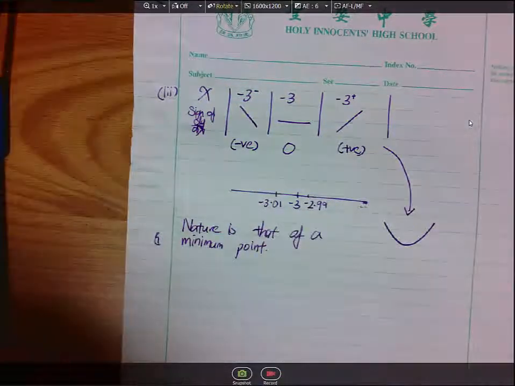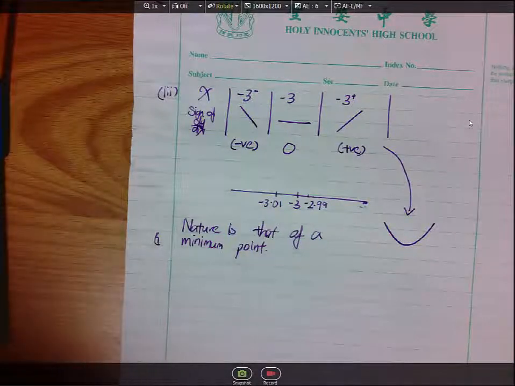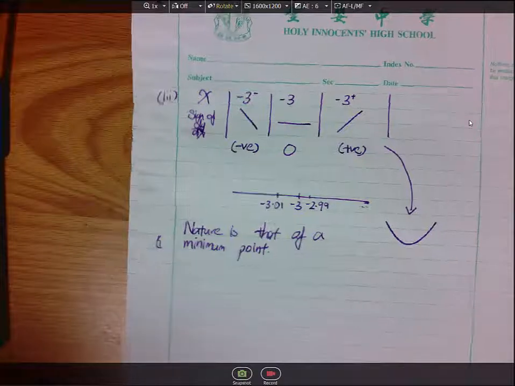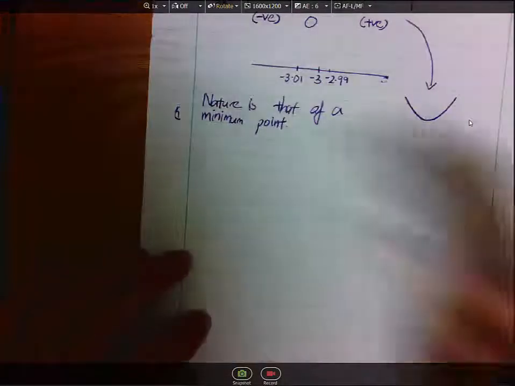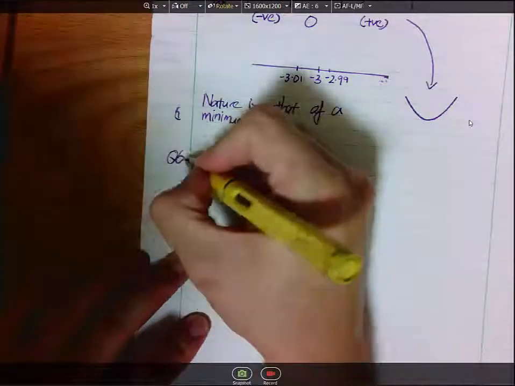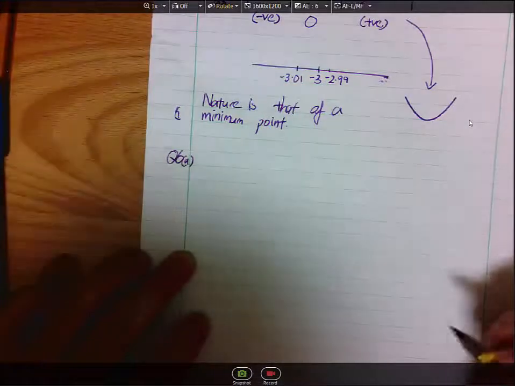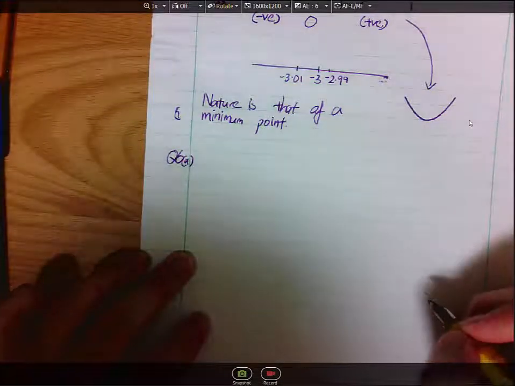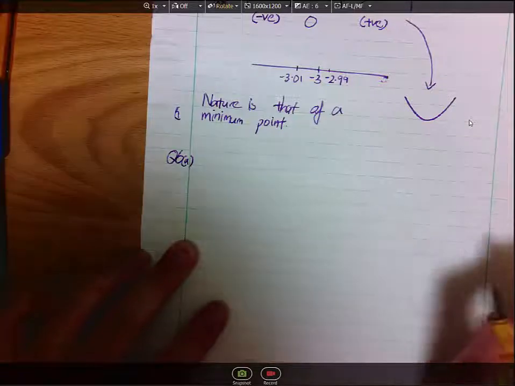And that is it for 5 part 3. Now I will do question 6 for you. Question 6a. First, we have to find the second derivative to determine the nature of each stationary point.